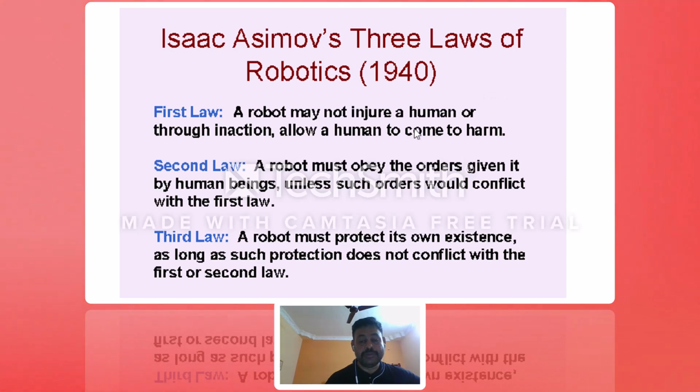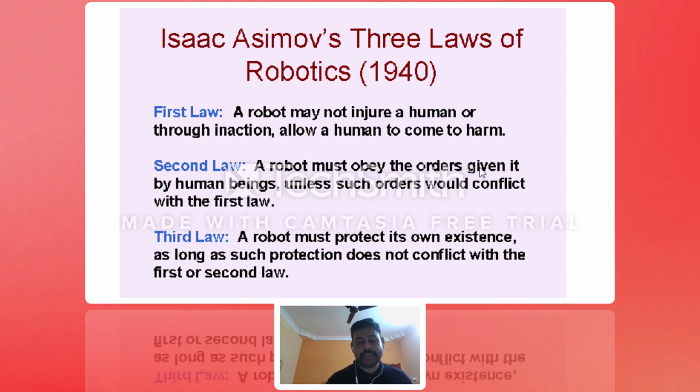If you misuse the robot, it will injure the human. It became harmful to human beings because of wrong programming or putting a wrong chip into the robot. That we have physically witnessed, right? If you go against it, that is a violation of the first law.